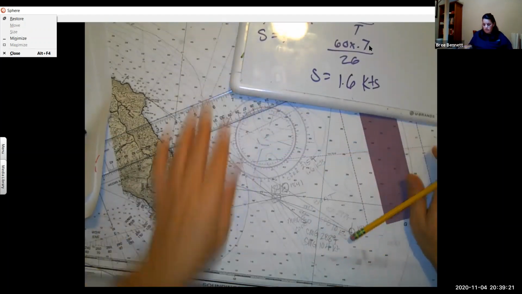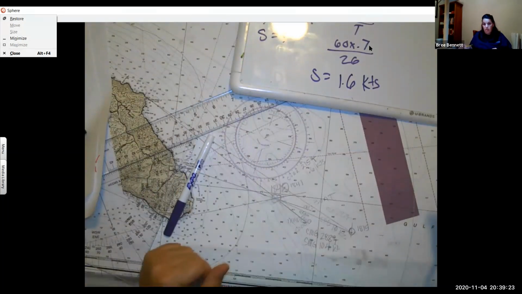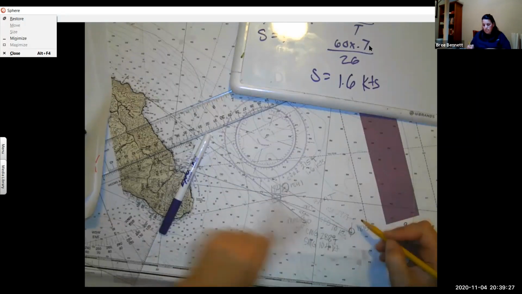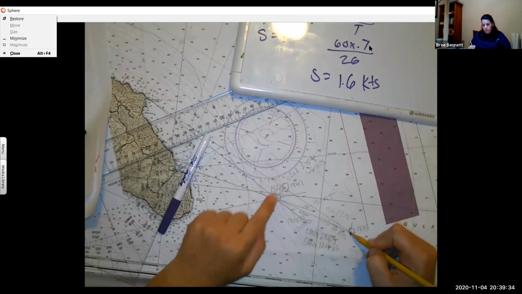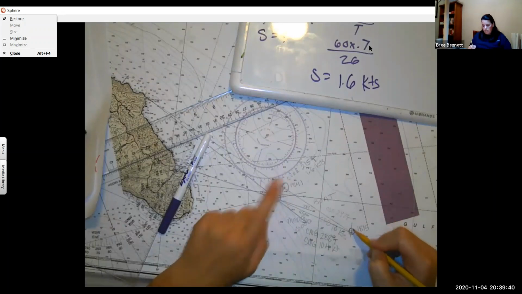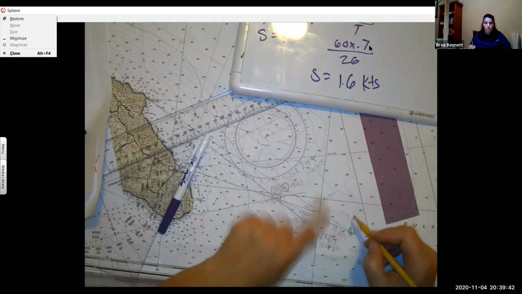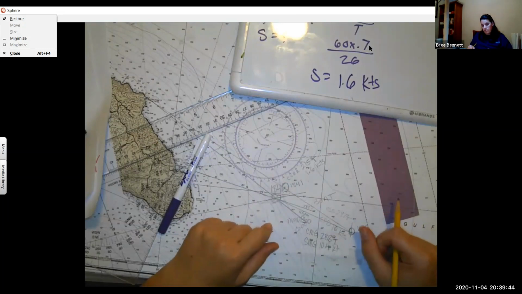Put that up there. Okay, so I've completed my vector triangle here. I have a set and drift, a course and speed, and a course and speed for all three of my lines.